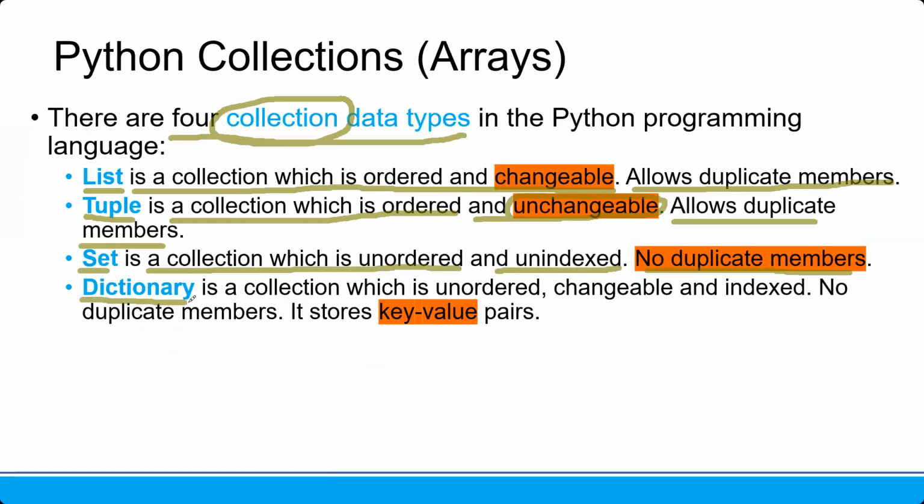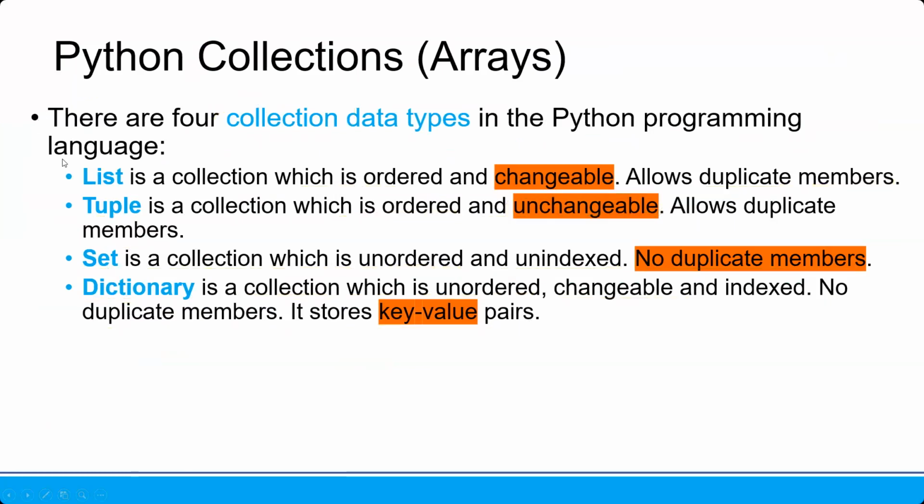And dictionary is a collection which is unordered, changeable, and indexed. No duplicate members. It stores key value pairs. For this section, I will just focus on the list. Okay. For the remaining, maybe if we still have time, we will learn about it.